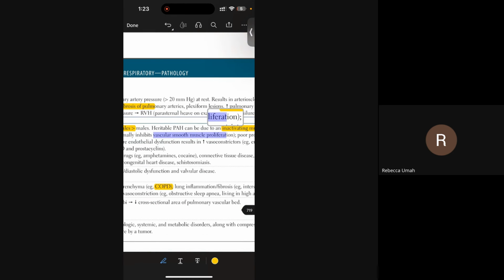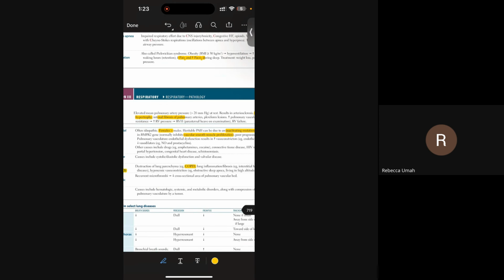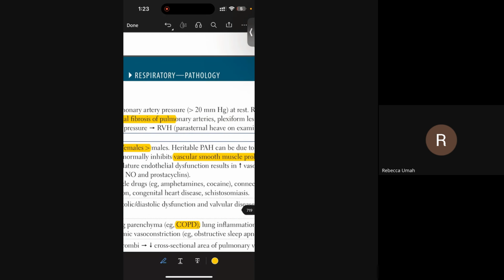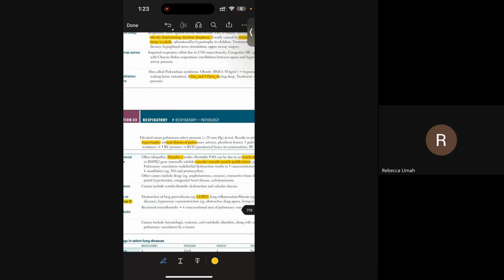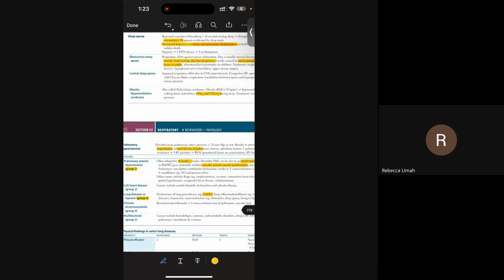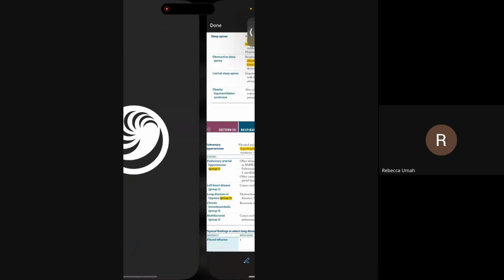We solved a similar question today. Yes, vascular smooth muscle proliferation. This is the fourth or fifth question on pulmonary hypertension. BMPR2 normally inhibits vascular smooth muscle proliferation. Okay, the BMPR2 gene is involved in vascular smooth muscle proliferation.